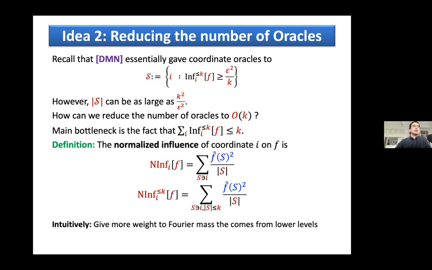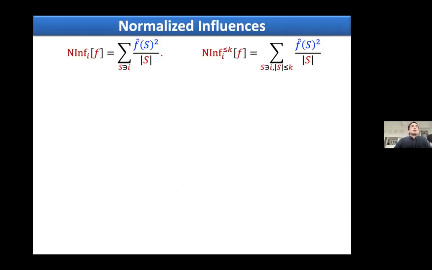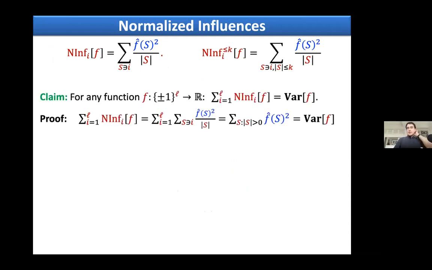So now I'm going to tell you a few properties of these normalized influences. This is the definition again. The first claim is that indeed the normalized influences sum up to at most 1, and this is really a one-line calculation.